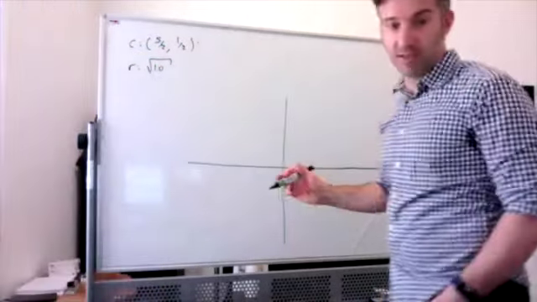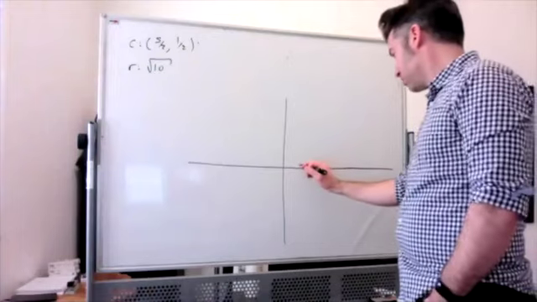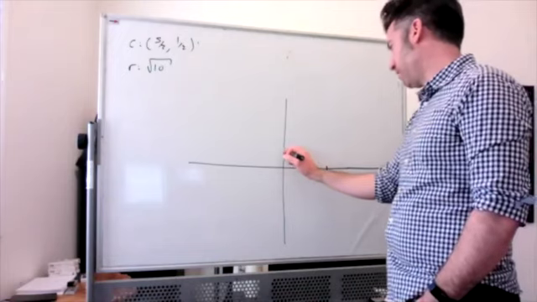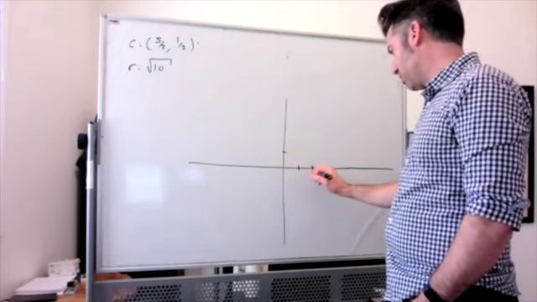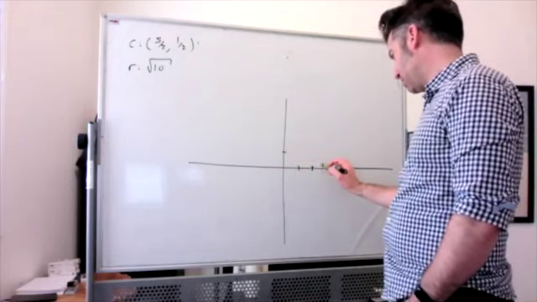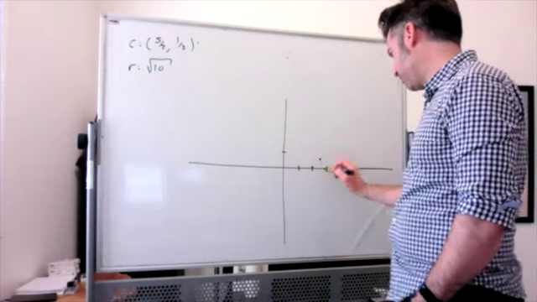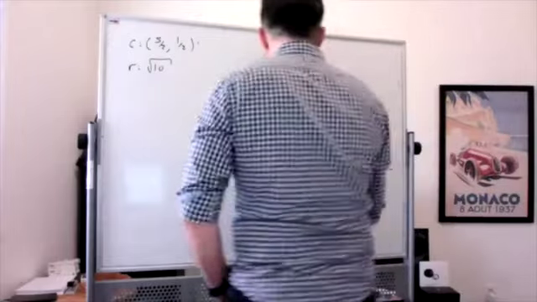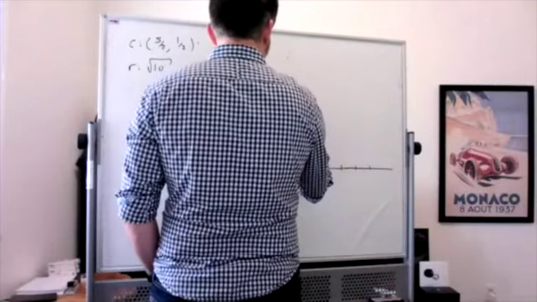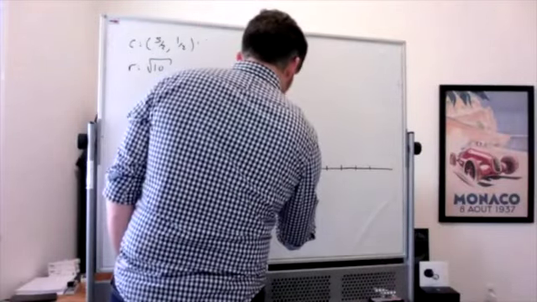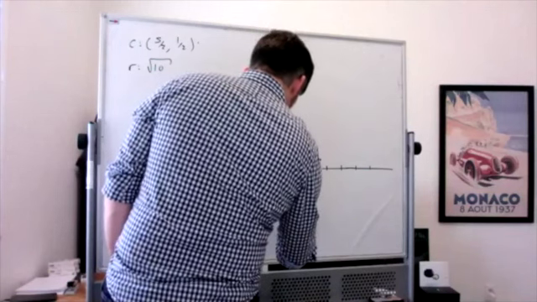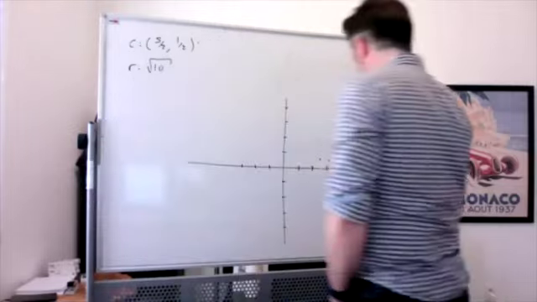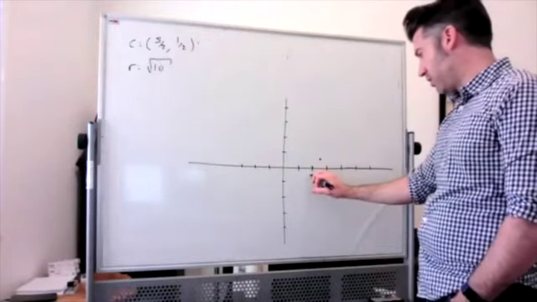So 5 halves is 2.5. Halfway between 2 and 3, and 1 half is obviously 1 half. So this is 1, 2, 3. This is 1. My center is right about there. So I know I'm going to have to go 3 and a little bit more in each direction. Okay, so I'm between 2 and 3.